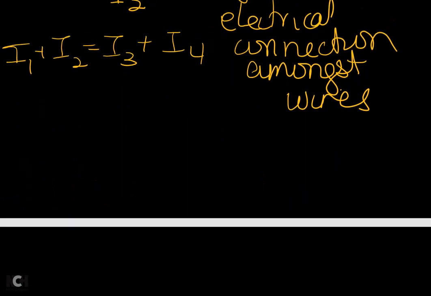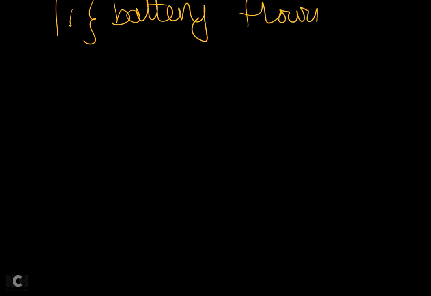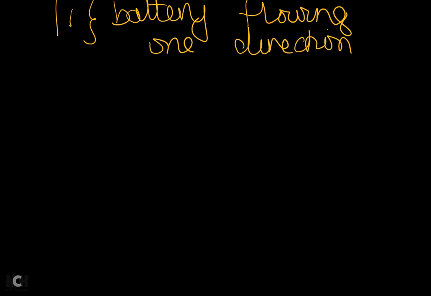Now, when I consider a current, I can consider a current flowing in one direction. So let's consider a battery. A battery has current flowing either conventionally or using electron flow. But at the end of the day, the current is moving in one direction.